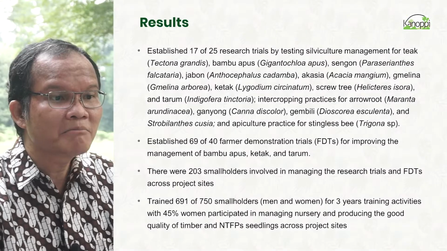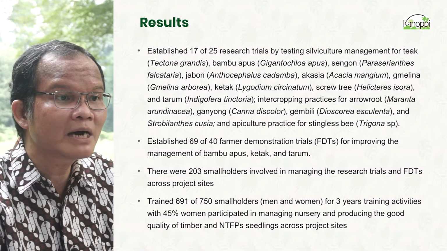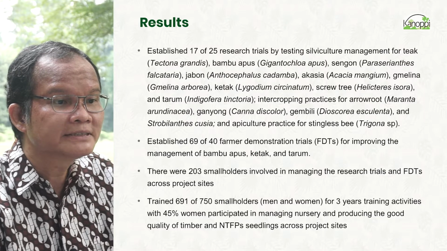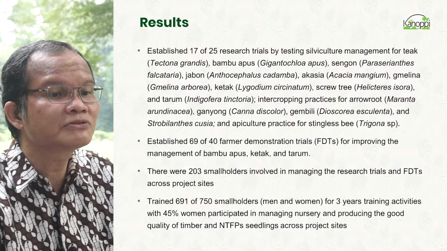As results of our activity, we established 17 out of 25 research trials by testing silviculture management for teak, bambu apus, sengon, jabon, acacia, camelina, ketak, and screw tree.